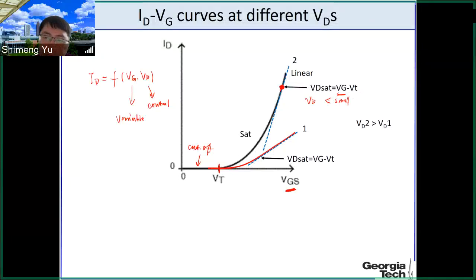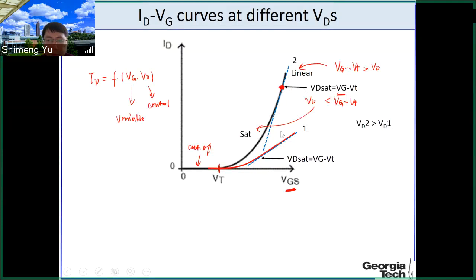If it's smaller than the VD, then this region is the saturation. And then you keep increasing VG. Eventually your VG minus VT will be larger than the VD. Then this is a linear region by definition. So this is the turning point.